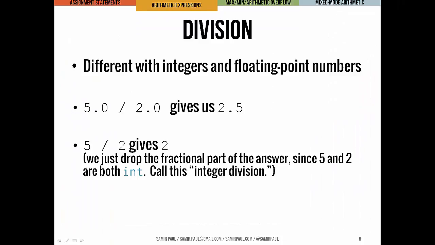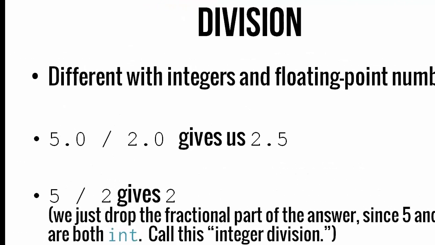So division is the first interesting thing that we come to when we're talking about arithmetic in Java. The big challenge that we see is that things get a little different when we're working with integers versus floating point numbers. Okay, so if we have two floating point numbers, 5.0 divided by 2.0, well, that's pretty straightforward. That gives us 2.5.